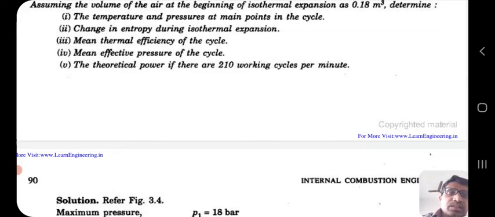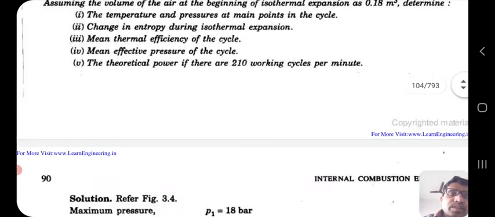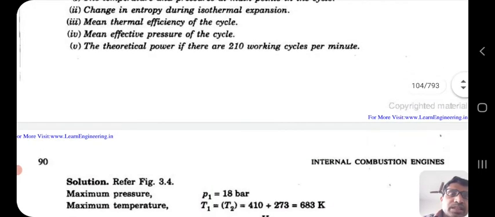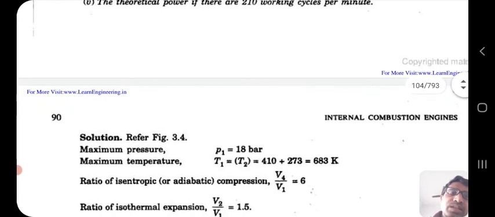Determine the temperature and pressure at the main points in the cycle, change in entropy during isothermal expansion, mean thermal efficiency of the cycle, mean effective pressure of the cycle, and the theoretical power if there are 210 working cycles per minute.